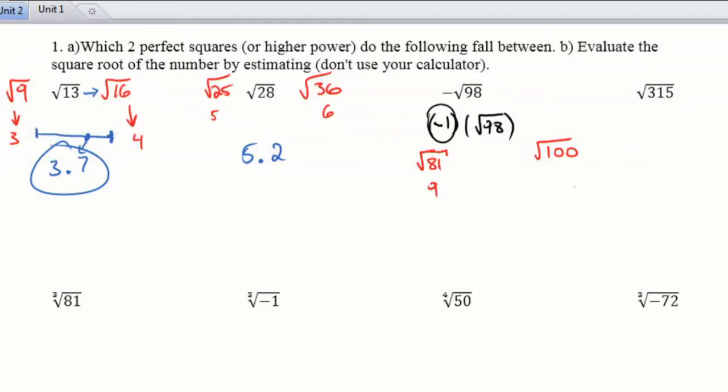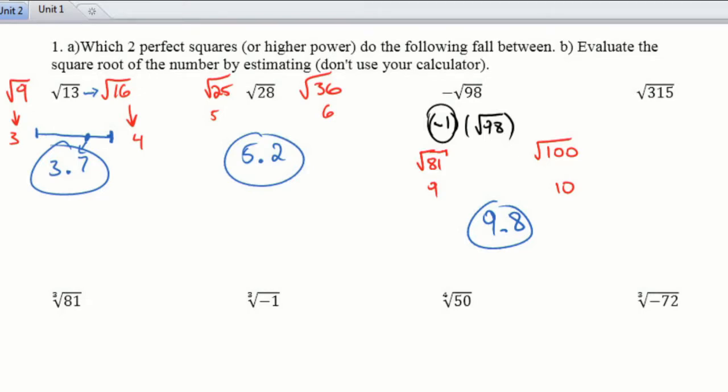So this is 9, and that's 10. It's going to fall in somewhere there. Where? It's kind of close to the 100, so you're going to go with 9.8 or something like that. I think I'm on board with that. So I'll go with approximately 9.8 or something like that. I like that.